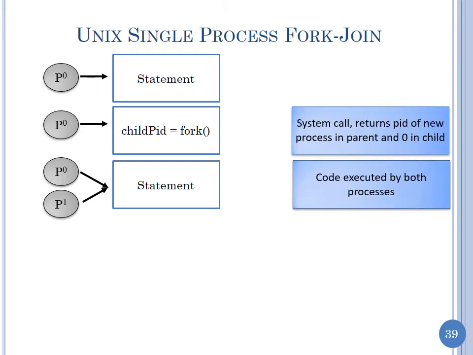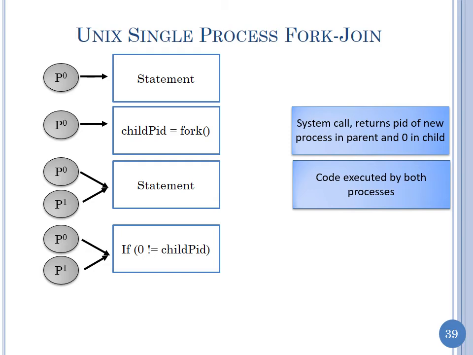If you want the creating process and the created process to do different things, we can look at the return value of fork. The return value in the parent, the forking process, is the child PID, and in the created process it is 0. So we can say, if child PID is not equal to 0, we can put some code, and say join child PID.